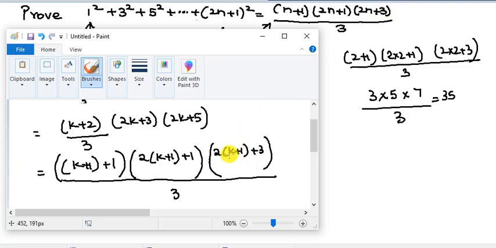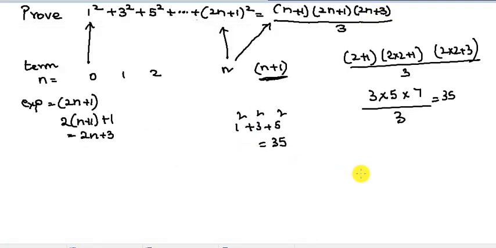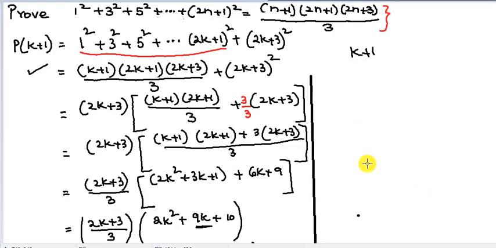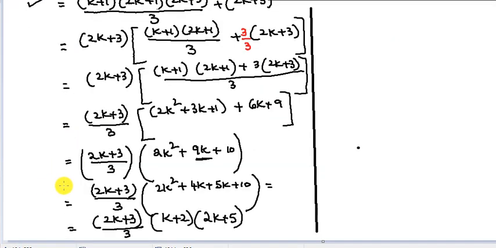You see how I went from the left hand side, sorry, and substituted our assumption to here, right? And then I solved step by step, and here I did a magic.